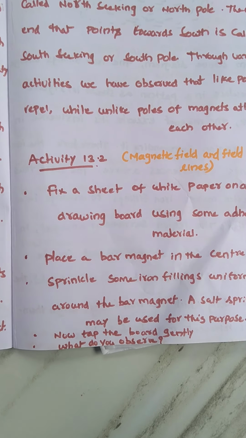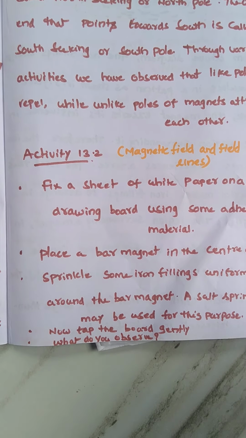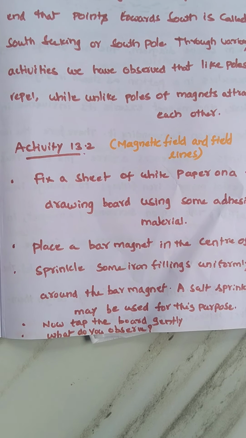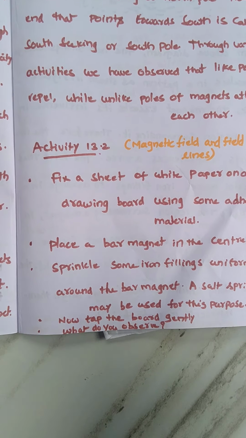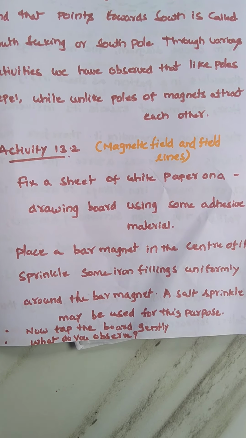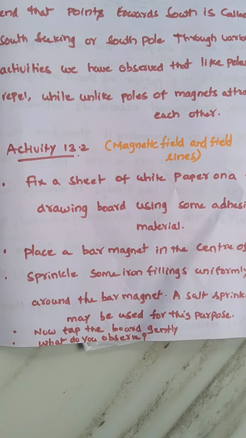Actually, magnetic field lines and the magnetic field can be discussed in different ways. Here I am going to discuss two different ways, which are also given in NCERT. Right? Actually, how do we define a field in physics?